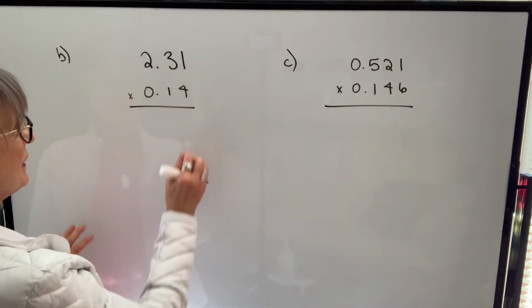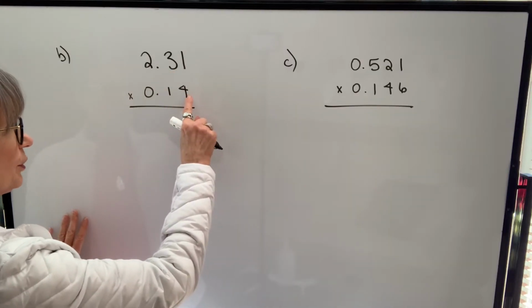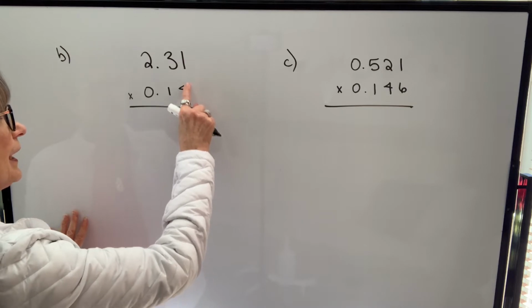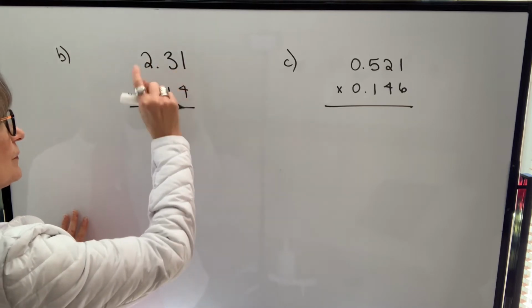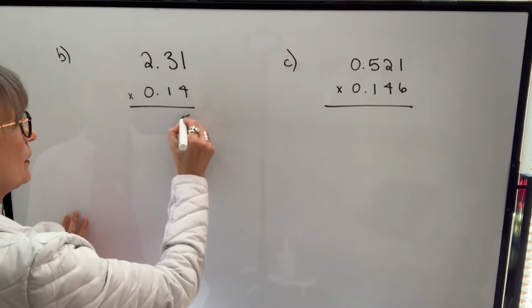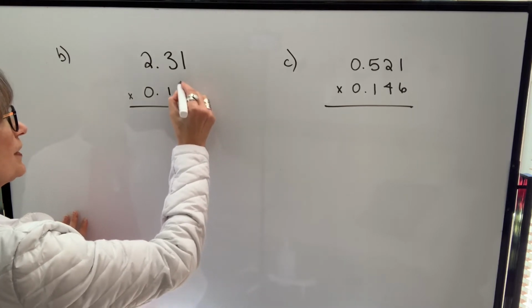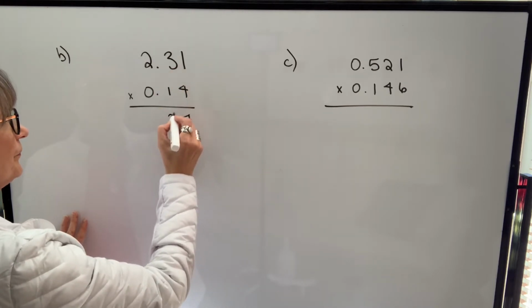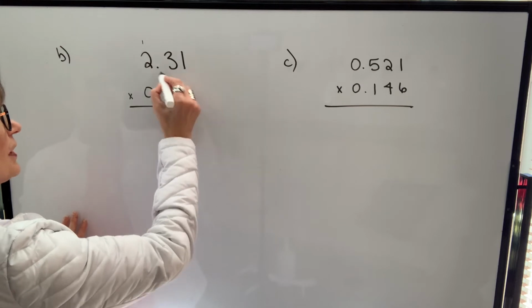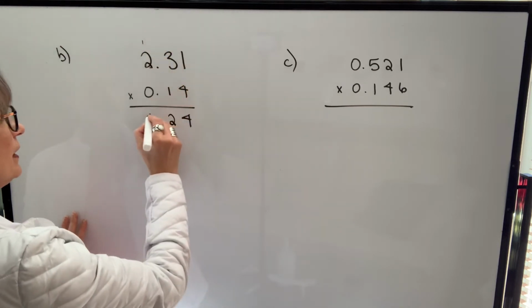So to multiply this, I start the way I do with any multiplication. I start with the 4 and I multiply the 4 to each of those digits. So 4 times 1 is 4. 4 times 3 is 12, carry the 1. 4 times 2 is 8 plus the 1 is 9.